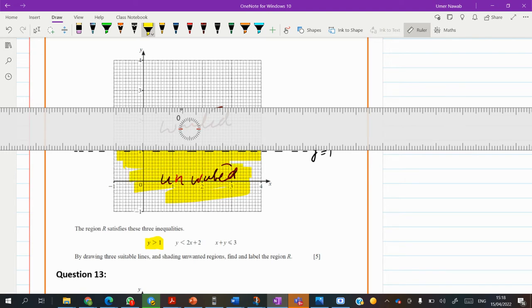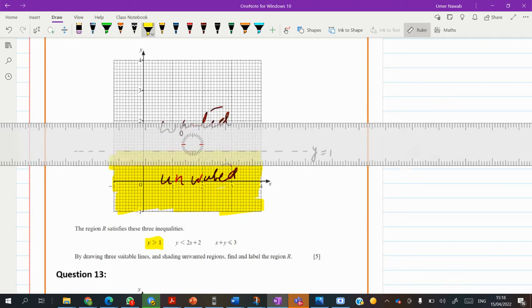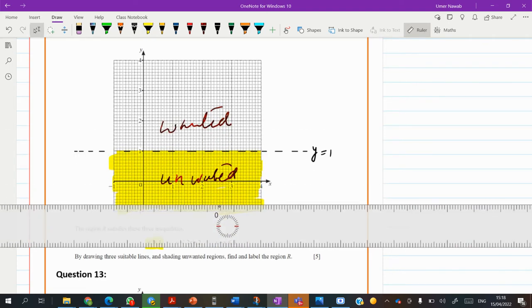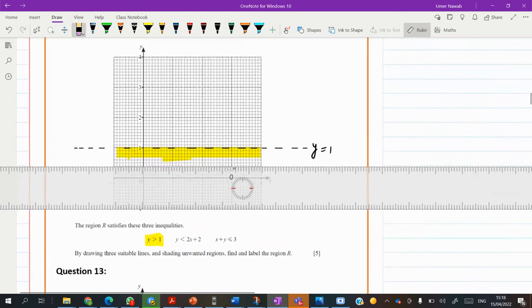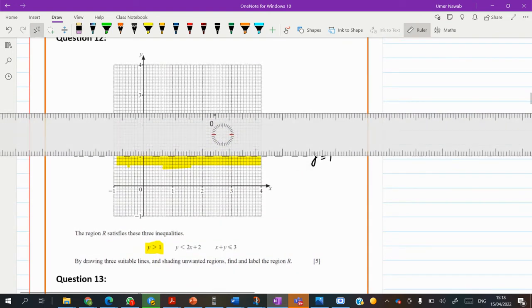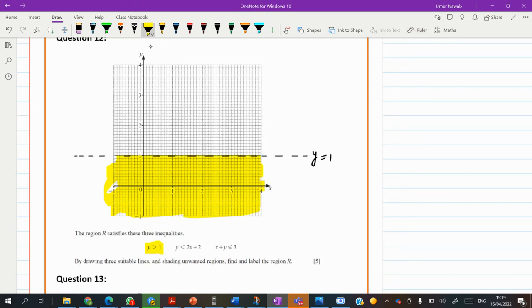This is the unwanted portion I have shaded for the first inequality. It's done. Let me shade it again. So the unwanted portion is shaded. Next inequality is this one.